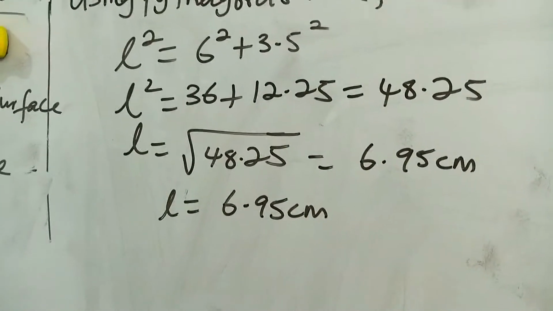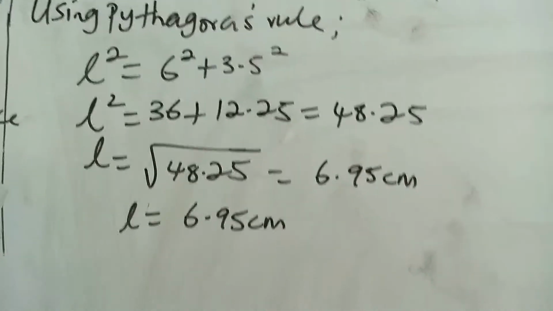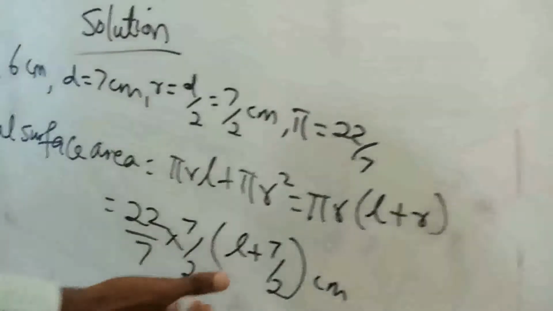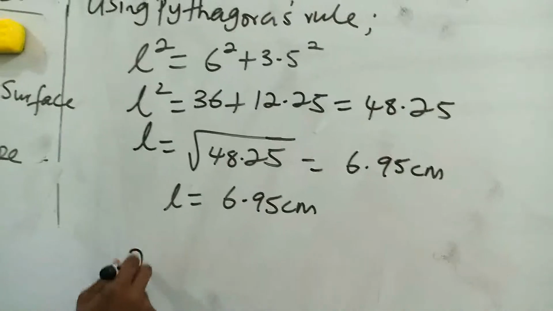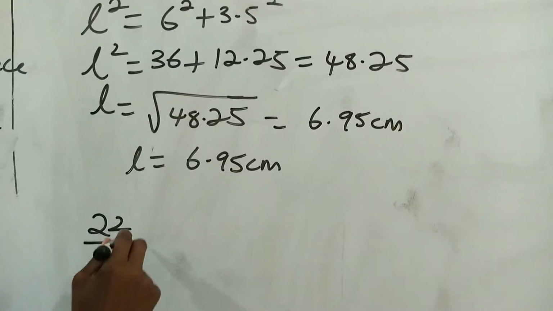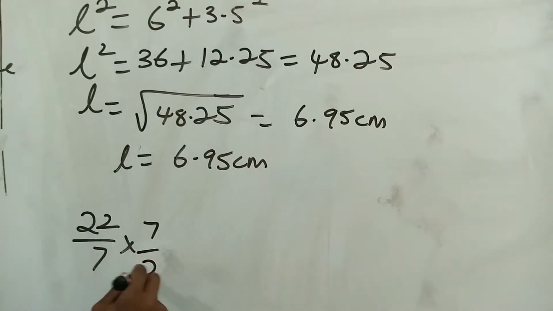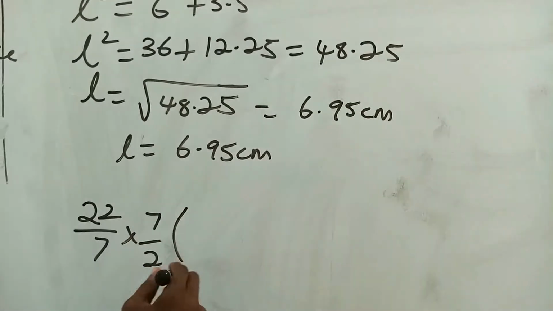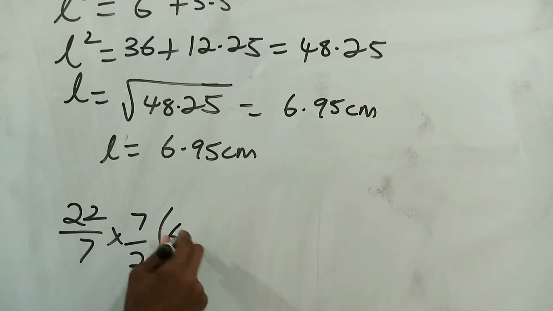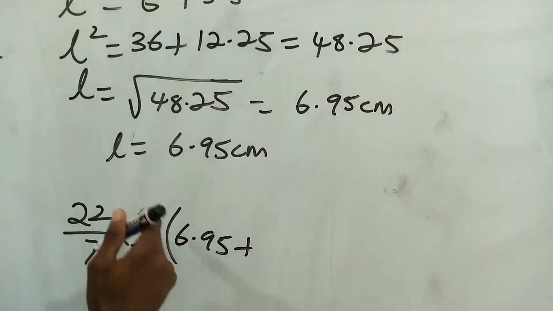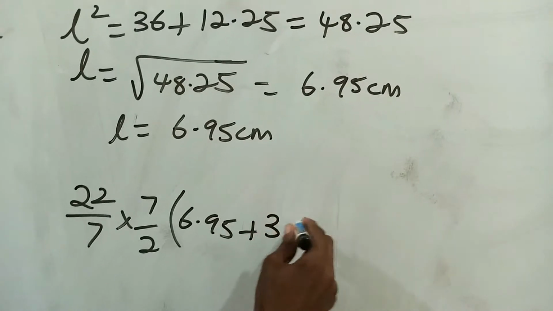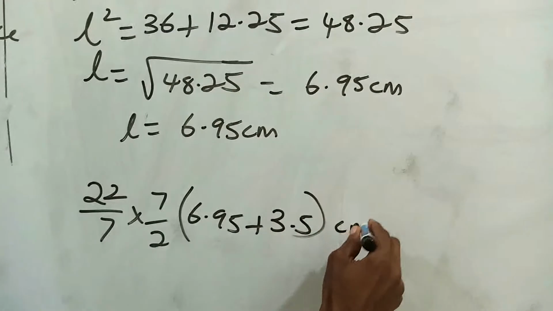It's at this point that we now find the total surface area. Remember, at this point there is no slant height, so we go again: pi r as 22/7 times our radius 7/2 into brackets our slant height, now 6.95, plus our radius 7/2, which is 3.5, all in cm.